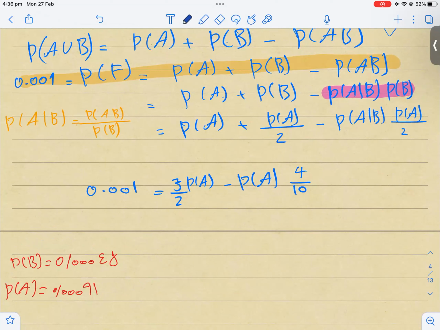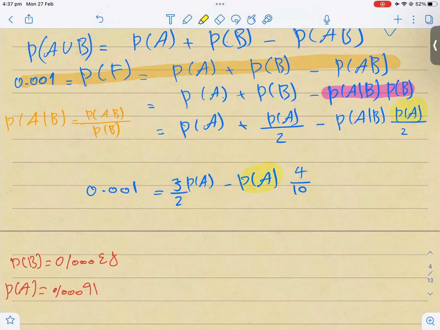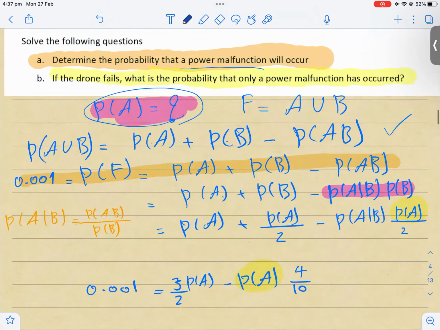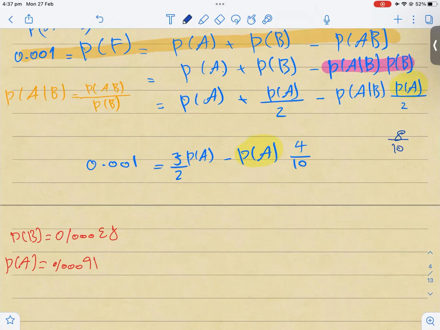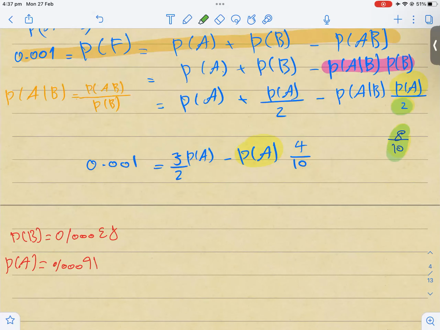I write this first and second expression as 3/2 minus probability of A. Probability A condition with B was 8/10, and with this 2 and 8/10, I wrote this 4/10.